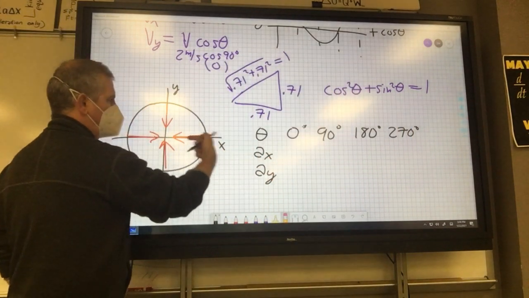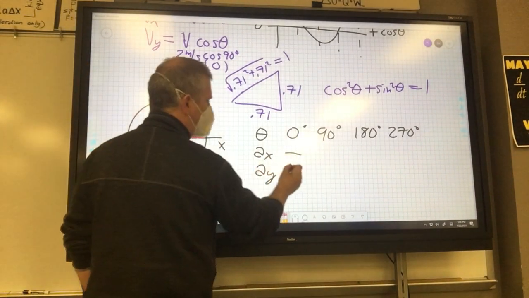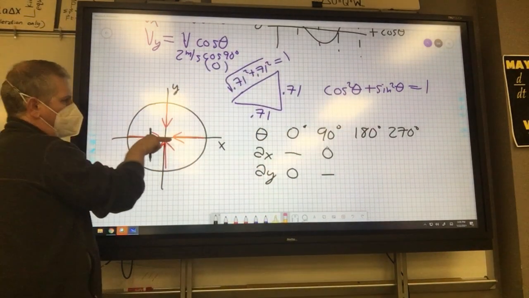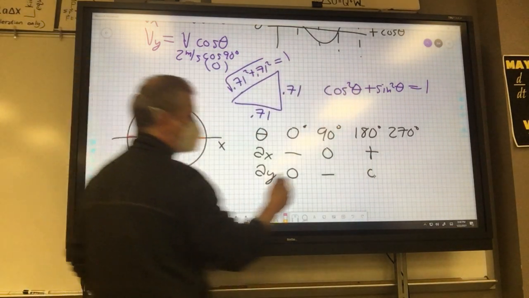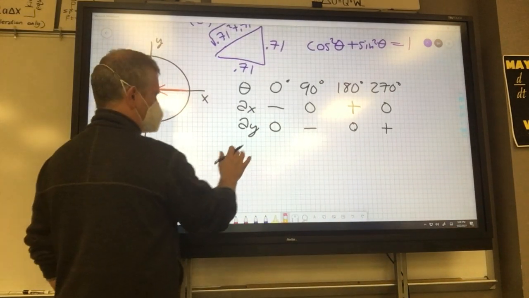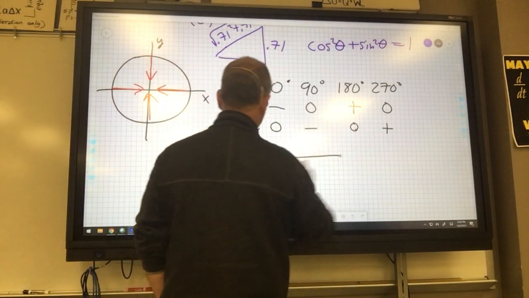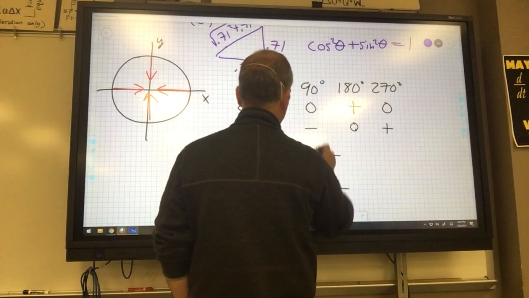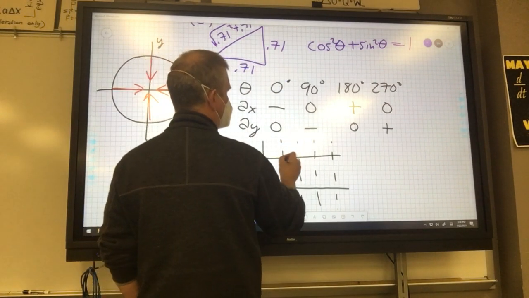So the x will be negative x, 0 y because it's not pointing up or down. At 90, negative y, 0 x, positive x, 0 y, positive y, 0 x. Let's go ahead and graph those now. And I get negative, 0, positive.